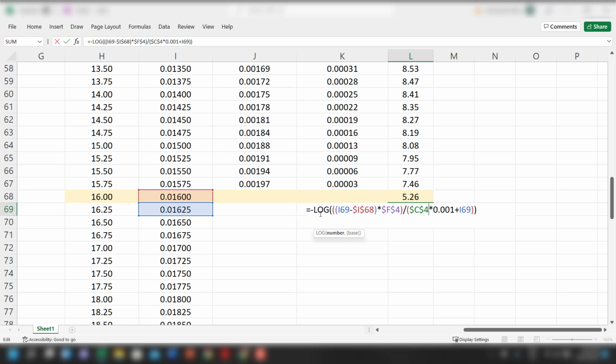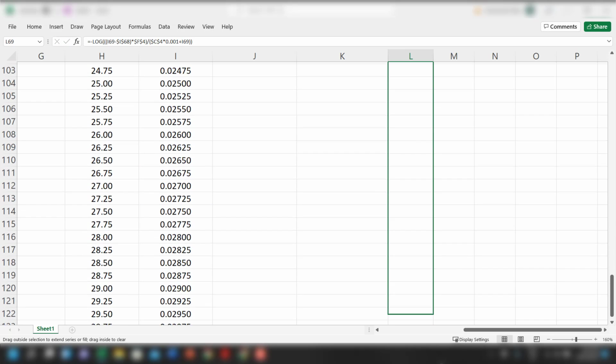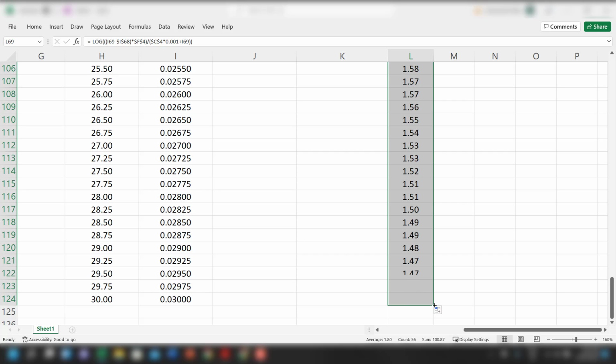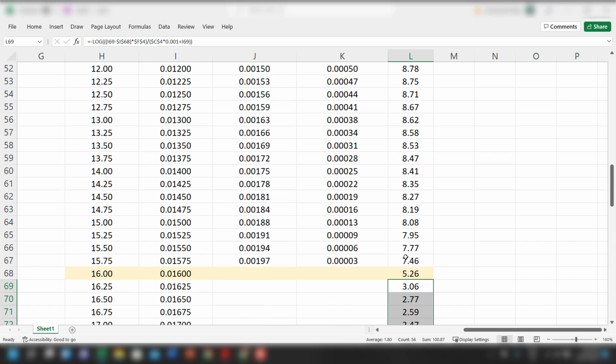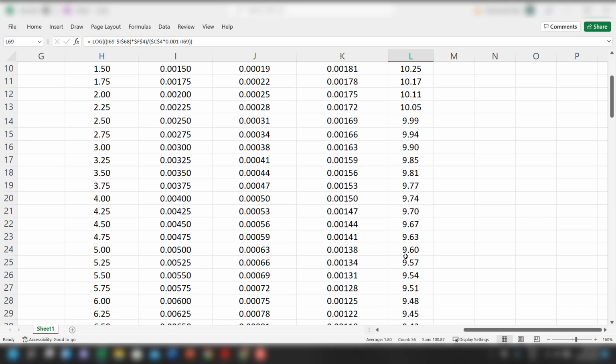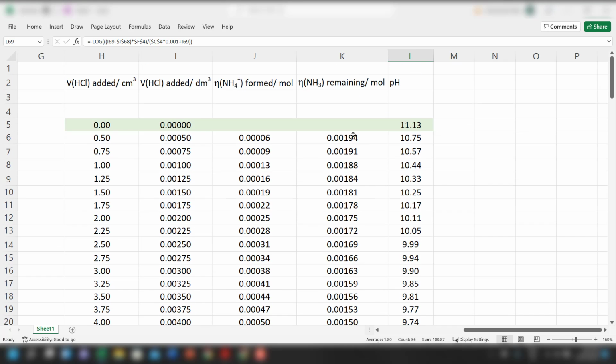Then you take minus log base 10 of the whole term, because that will be the pH at 16.25 cubic centimeters. After we are done, we'll drag this down all the way to 30, and then we'll get about 1.46.